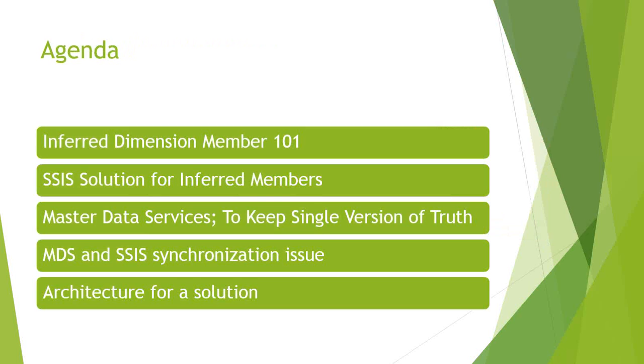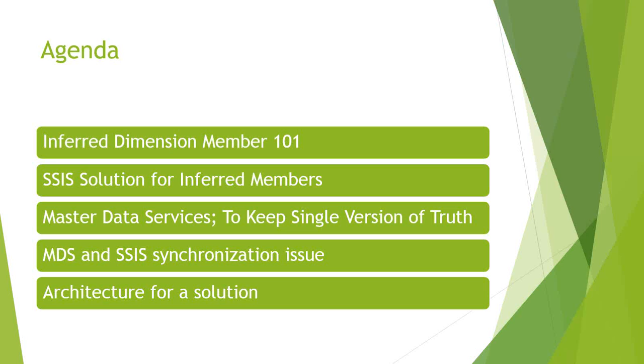The agenda of today is: I will talk about inferred dimension members. What is an inferred dimension member? 101 of inferred dimension members, and why we should be careful about it, why this is one of the challenges in data warehouse and ETL design. Then I'll talk about the SSIS solution for inferred dimension members, and then we will bring Master Data Services as a repository to keep a single version of truth and do the data governance of that.